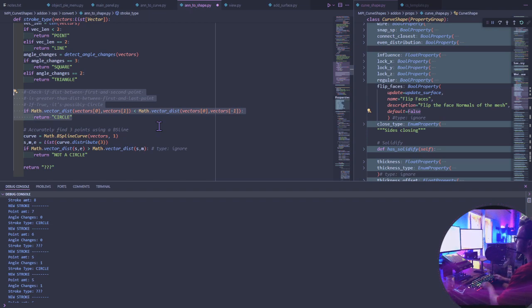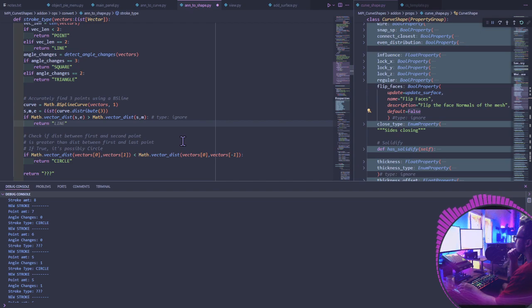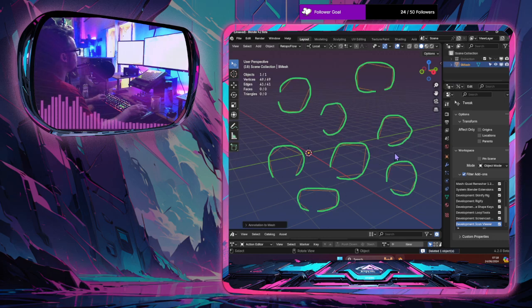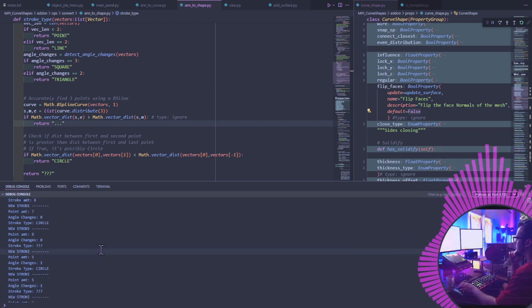In fact, I don't know. I just want to see what that gives me. Oh, I still got 3 circles in there. So 3 of them still come down here and give me a circle. 3 of them, the start and the end is bigger than the distance from the start and the middle.